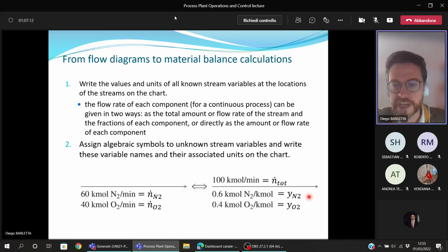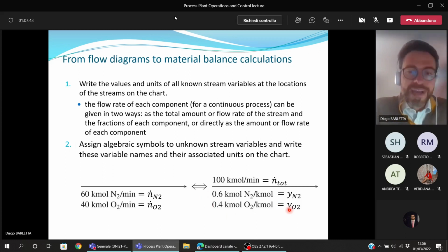Basically we know that the sum of the molar fractions has to be equal to 1. So if we know the total molar flow rate and one number related to the molar fraction of nitrogen, the set of information is complete, because 1 minus 0.6 equal to 0.4 will be the molar fraction of oxygen. Okay?